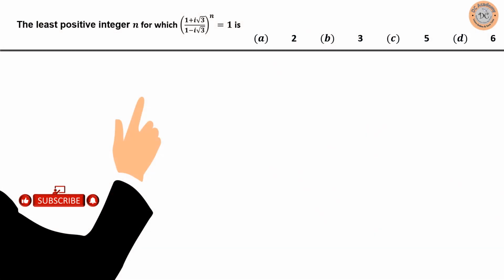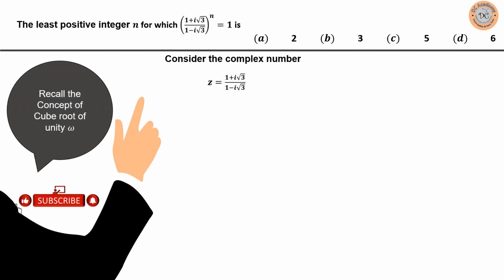Here we first consider the complex number z as 1 plus i root 3 divided by 1 minus i root 3. To solve this problem, we can multiply the denominator and numerator by the complex conjugate of the denominator and proceed. But before going ahead, we can also use the concept of cube root of unity.